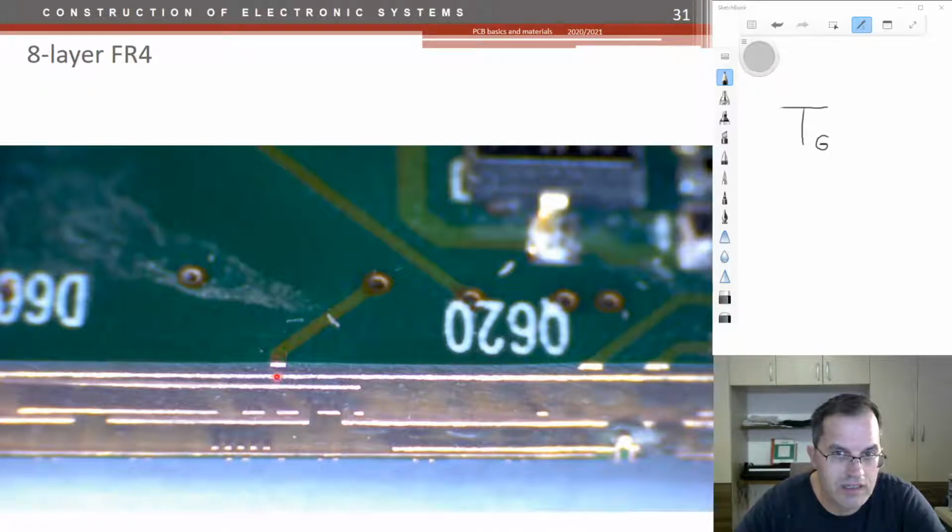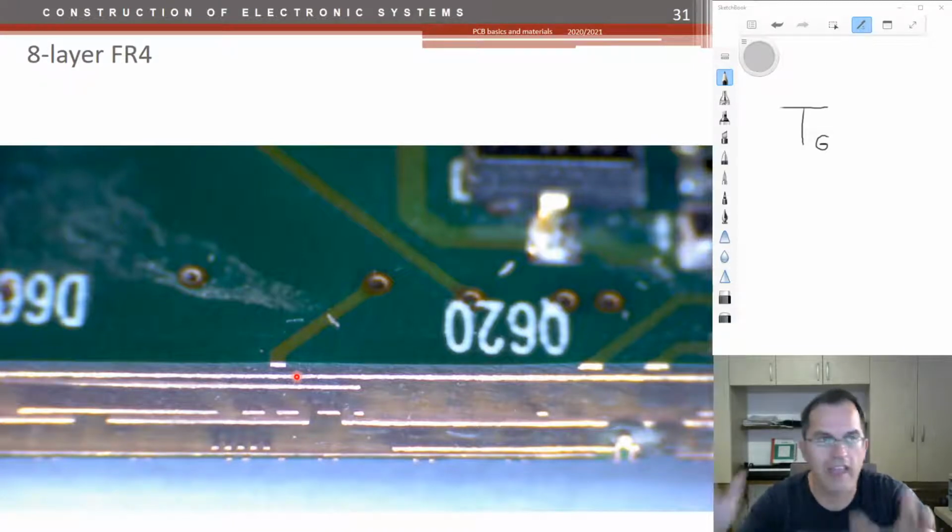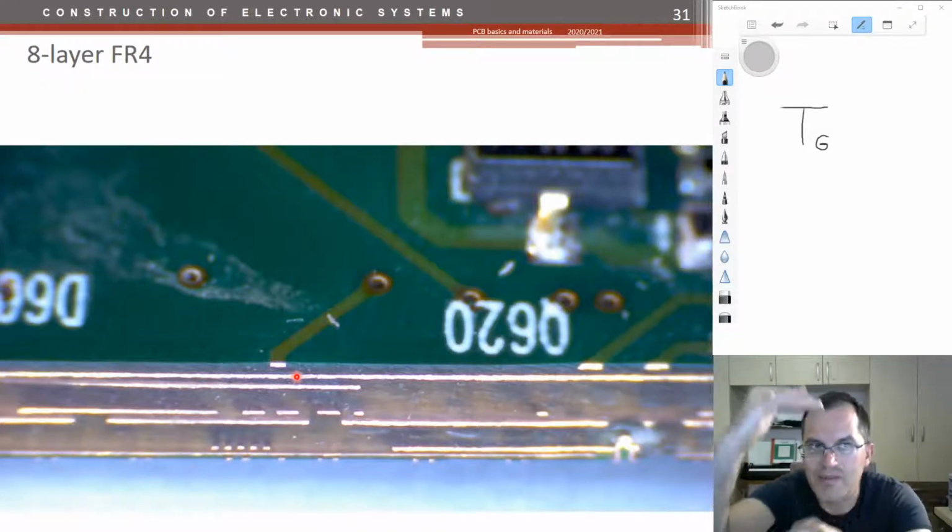You see here these lines are much closer together, and here is the higher distance. So you should be aware that from the manufacturer you can choose different stacks with different layer thicknesses and different arrangements of the stacks. So not all 8-layer PCBs have the same structure inside.